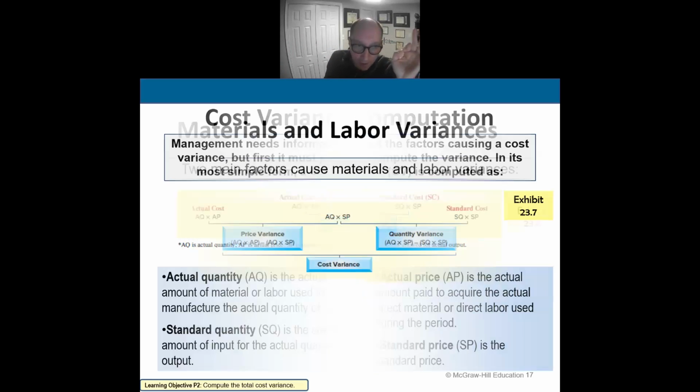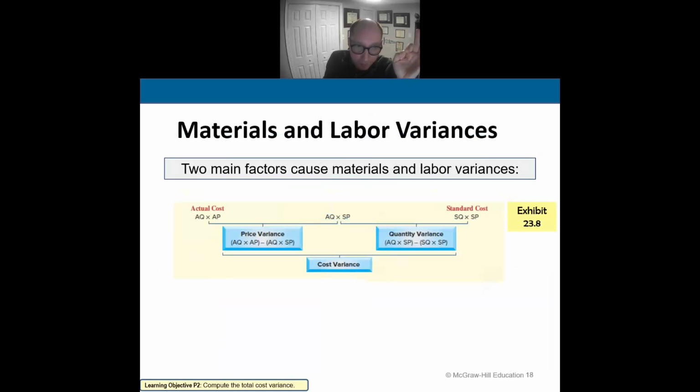Within the cost variance, there are two other variances. One is called a price variance, and the other is called the quantity variance. Now, the word variance means difference.